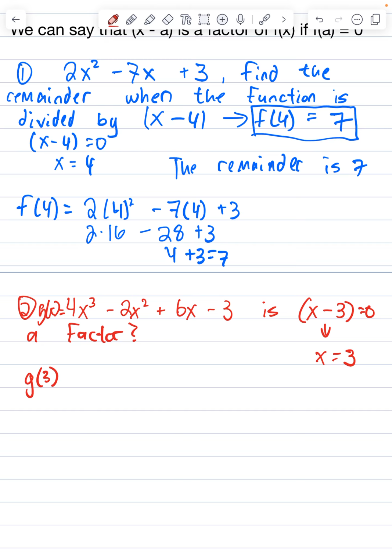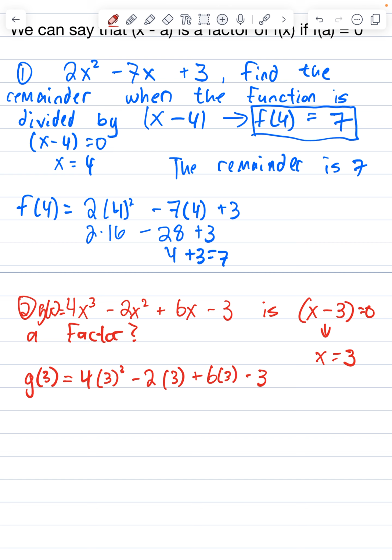g of 3 equals 4 times 3 cubed minus 2 times 3 squared plus 6 times 3 minus 3.